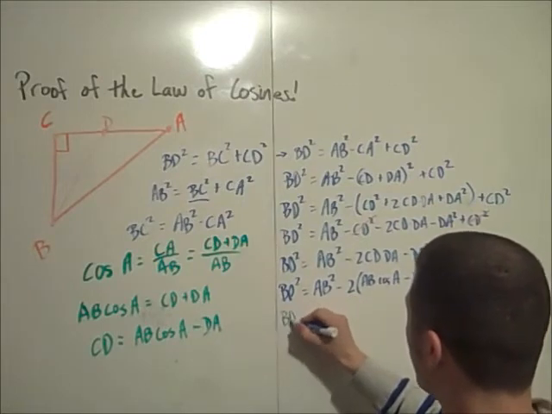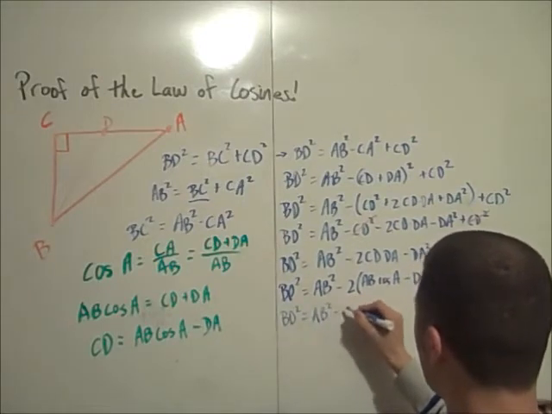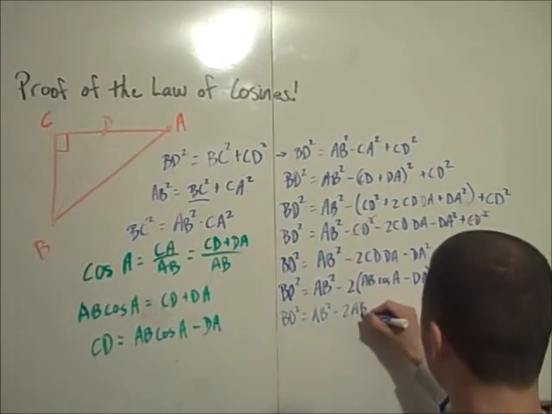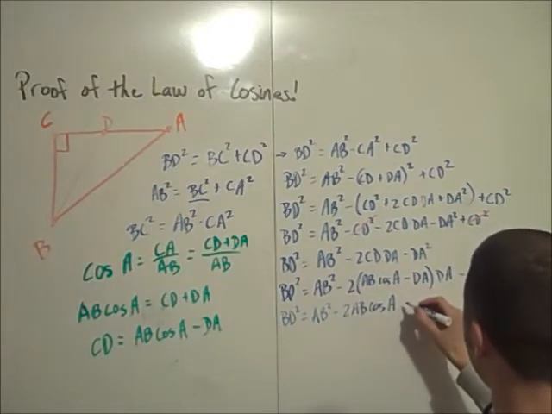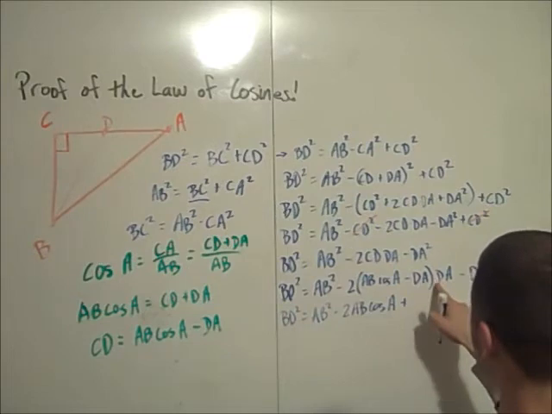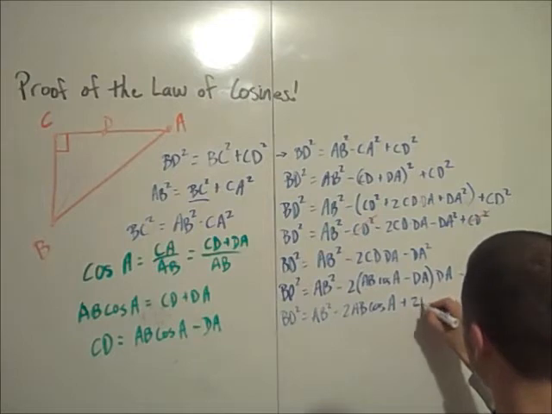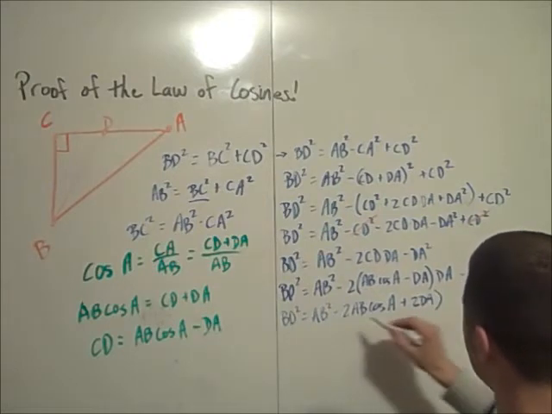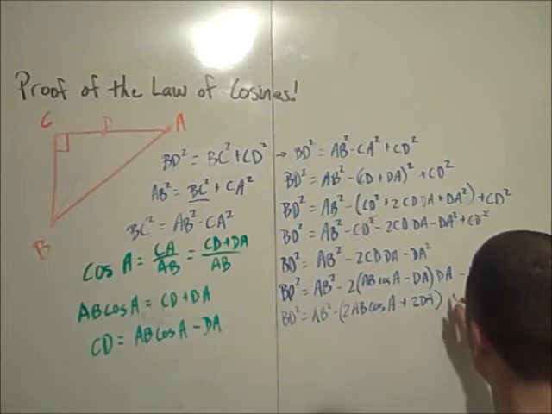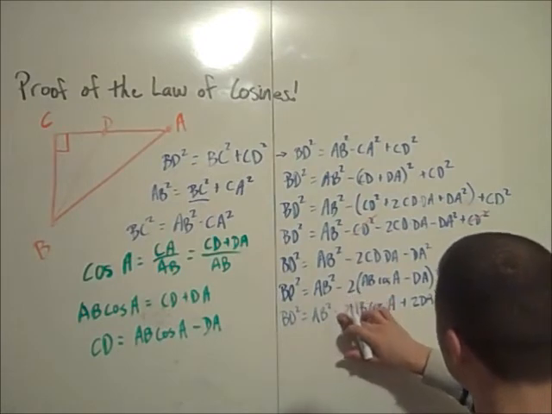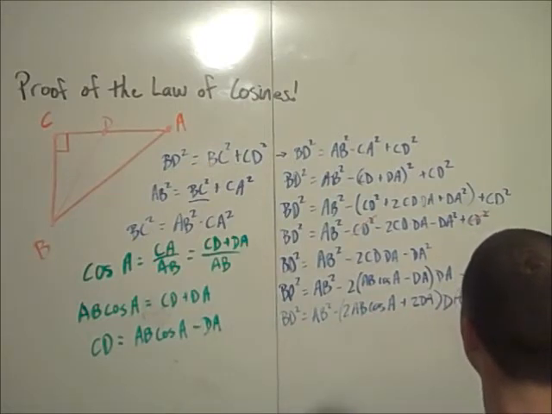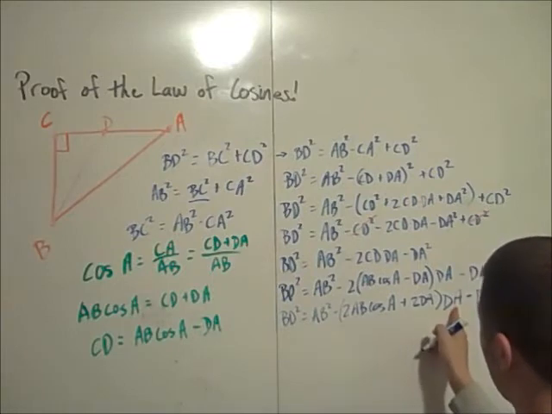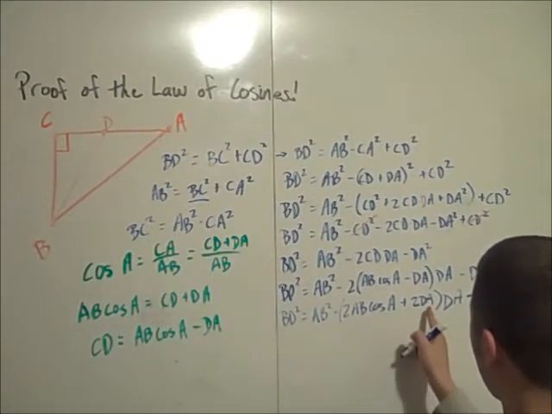And I have BD squared is AB squared minus 2 AB cosine A plus 2 DA, and that's all times DA. Excuse me, this is all times DA, minus DA squared. Now distribute this DA to this term and this term.